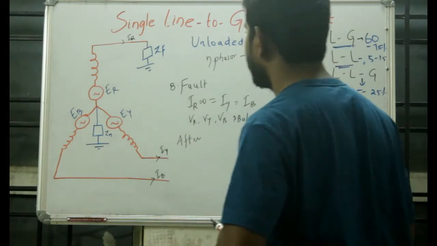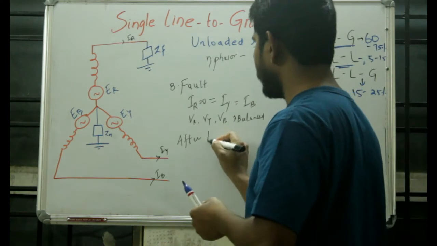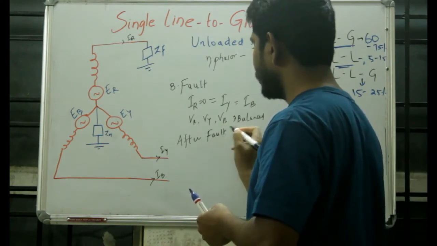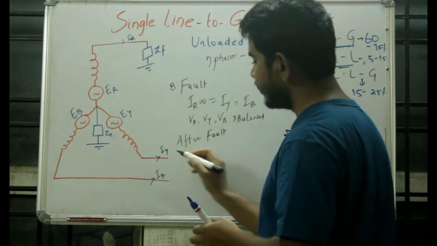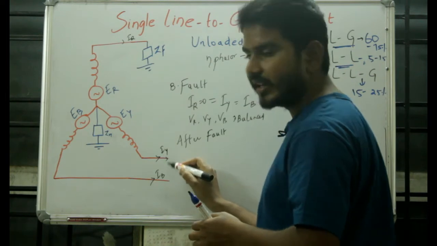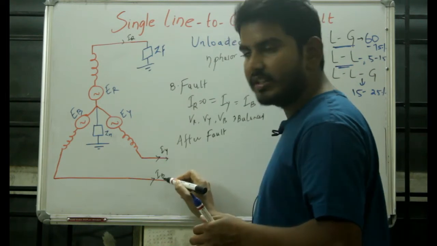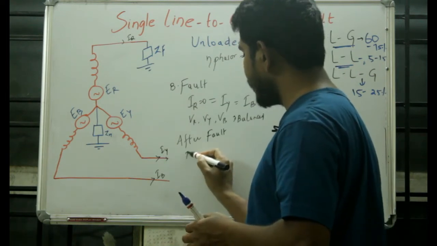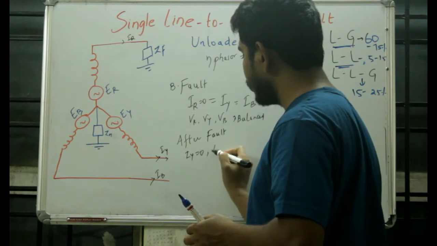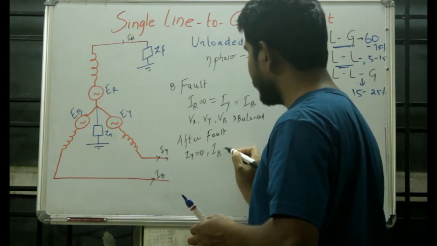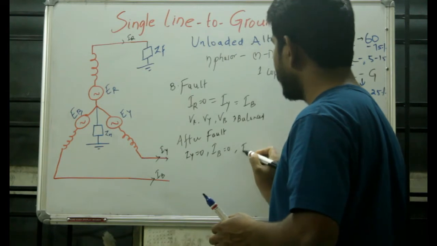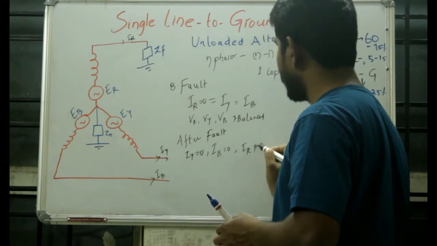So after fault, the circuit is open in phase Y and in phase B. That means IY is equal to 0, IB is equal to 0, and IR is not equal to 0.